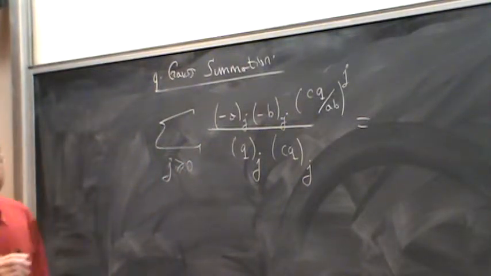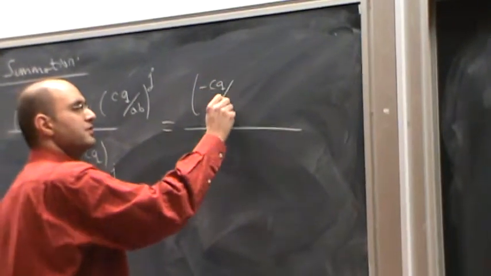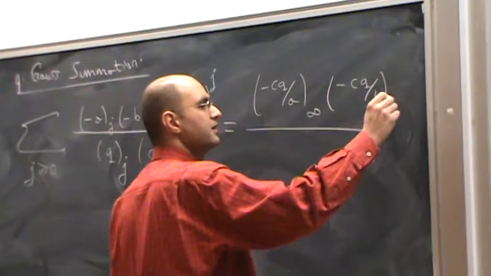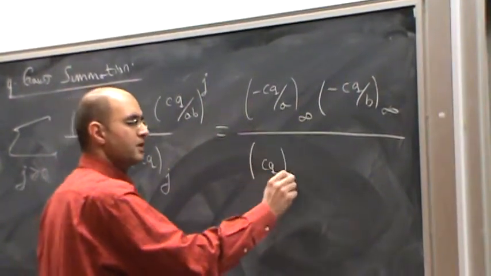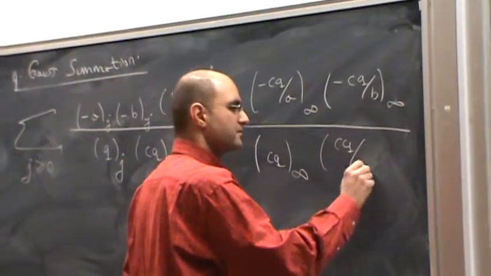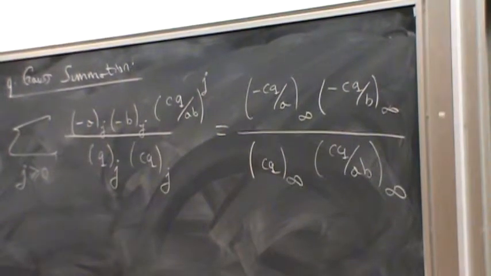This thing equals the infinite product minus cq over a sub infinity minus cq over b sub infinity divided by cq sub infinity times cq over ab sub infinity.